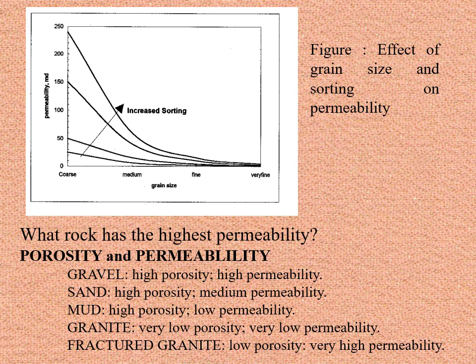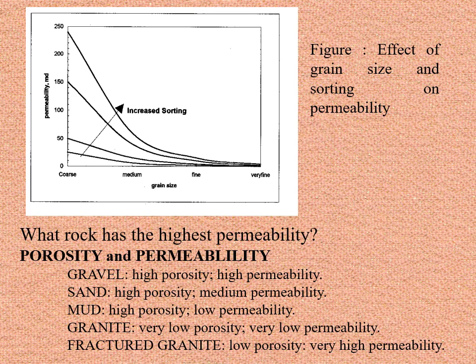For medium grain size, if sorting is increasing for the same grain size, that means porosity is increasing, that means permeability value is also increasing. So gravel has high porosity and high permeability, sand has high porosity, medium permeability, because grain size is low with respect to gravel. Mud has high porosity but low permeability, because the pore spaces are not interconnected in mud, and also because of the cohesiveness force.